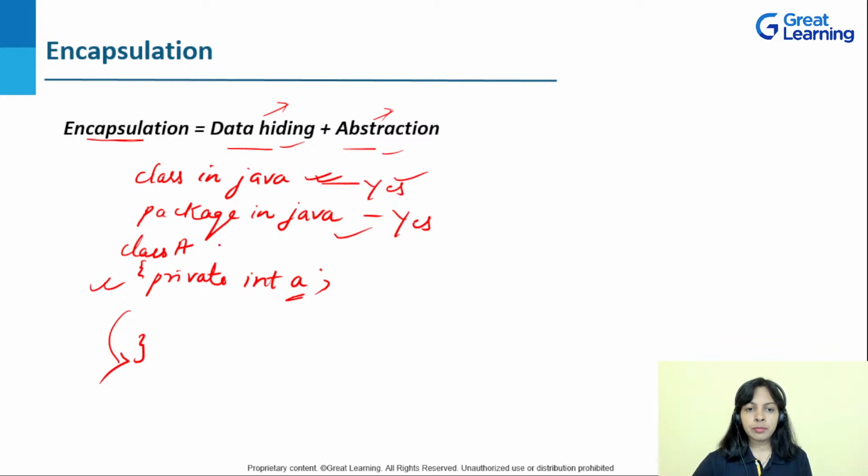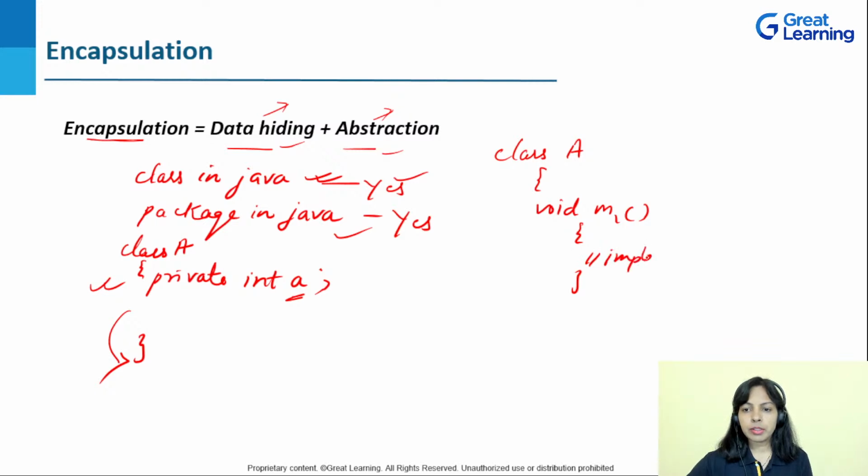What is abstraction then? Abstraction is hiding the implementation details of the code. Try to understand that with an example. Class A, inside this class I have written a method, void m1. I'm not giving any specific name to these methods, it can be any method name.